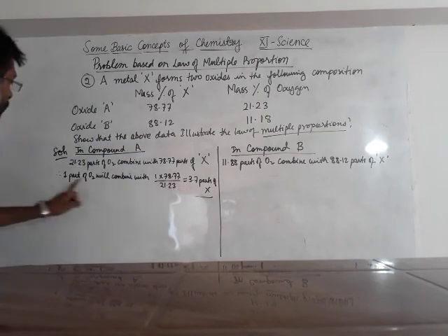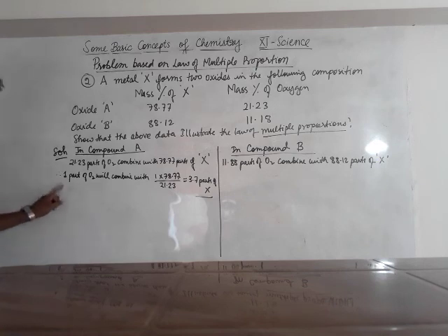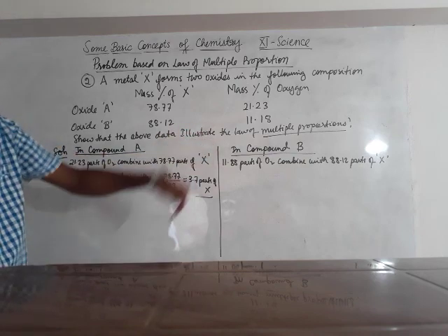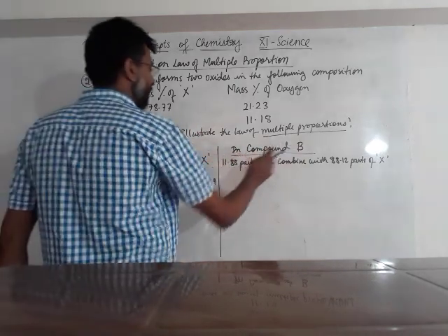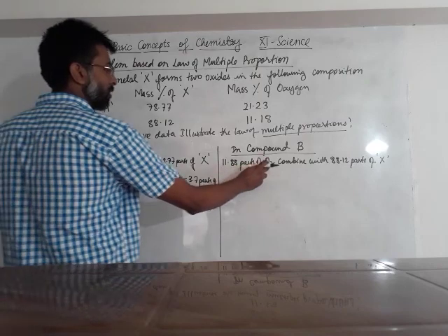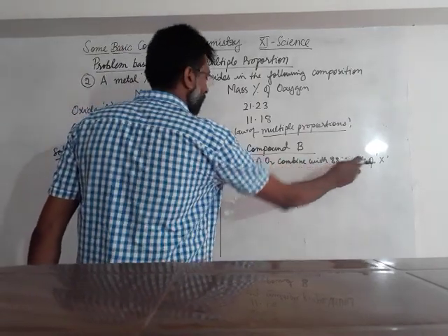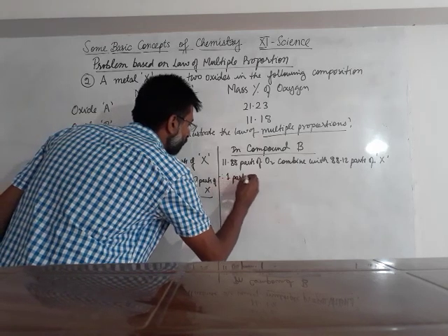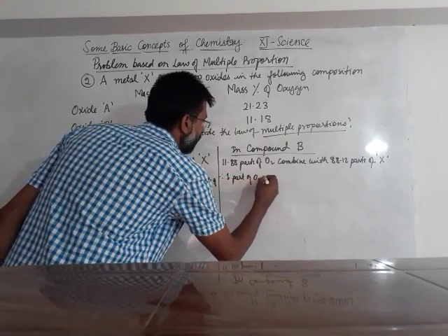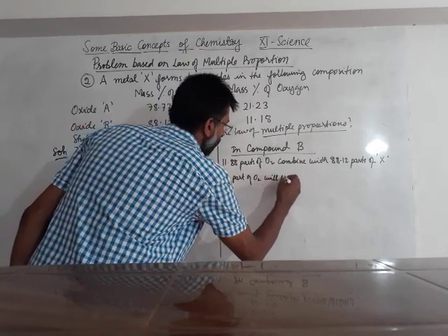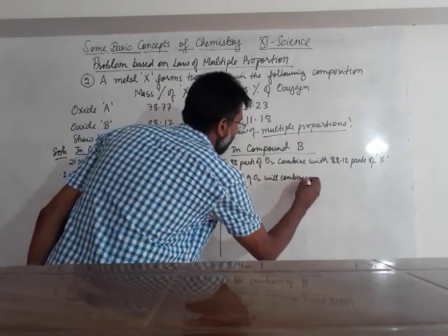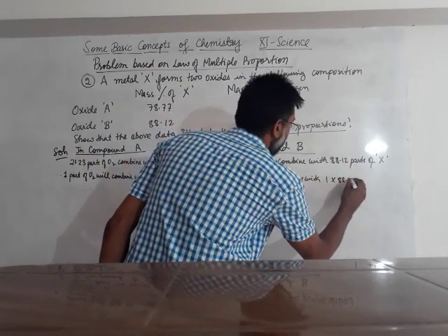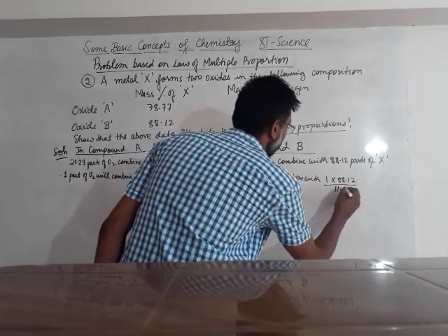That is, if I take one part of oxygen, it will combine with 3.7 parts of X. Now I go to the second column. In compound B, 11.88 parts of oxygen combines with 88.12 parts of X. Therefore, one part of oxygen will combine with 1 multiplied by 88.12 divided by 11.88.